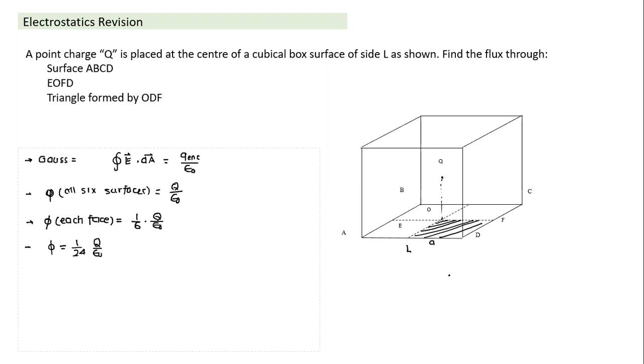If I draw it separately, there's a square of side A. The charge is placed above one of the corners, in a direction perpendicular to the plane of the square, at a height equal to A. So if a charge Q is placed at a height A above one of its corners, the flux through this square surface will be equal to Q by 24 epsilon naught.